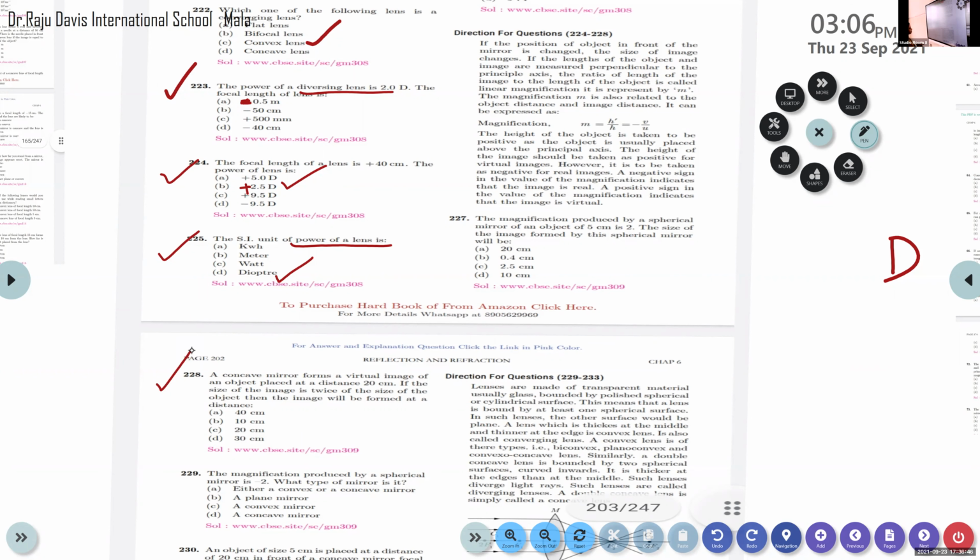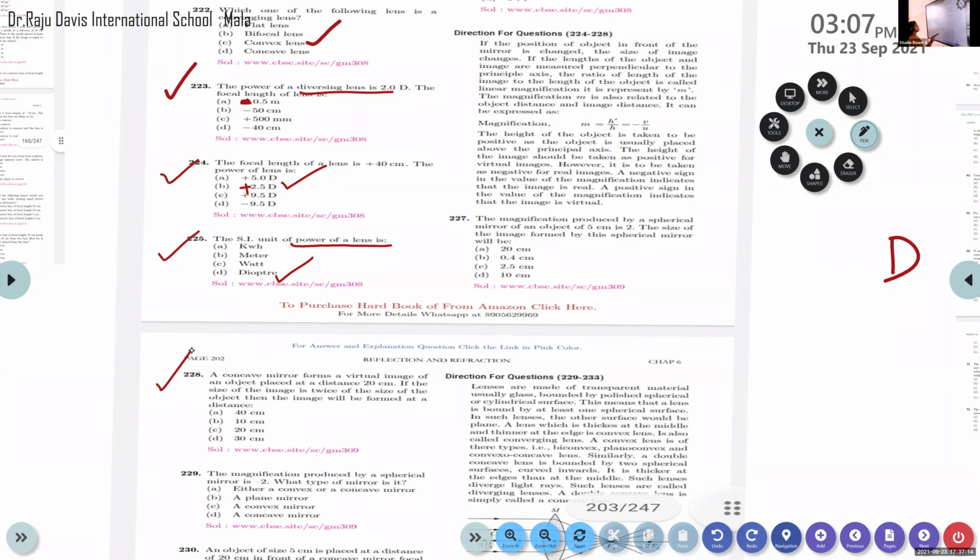10 centimeter. Is it 10 centimeter? Yes, actually it's right. How do you get the answer? It is a concave mirror, placed at a distance of 20 centimeter. It forms a virtual image of an object.